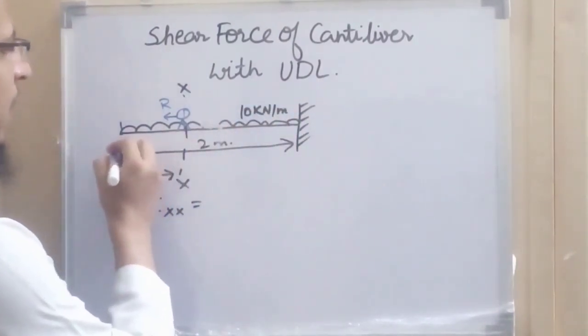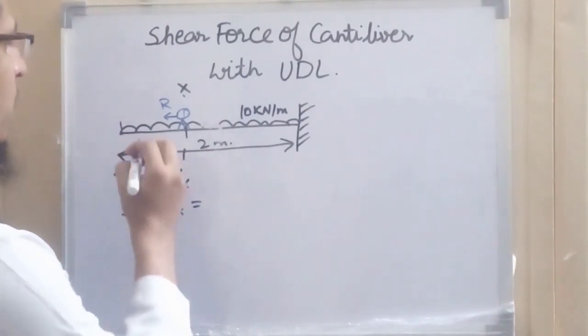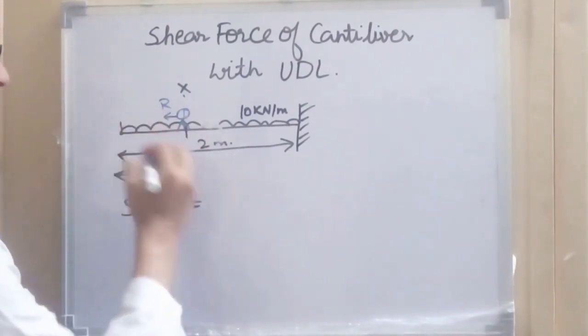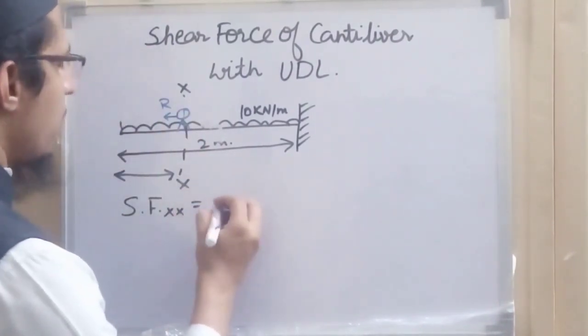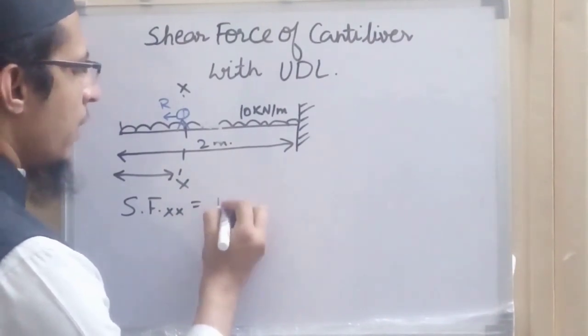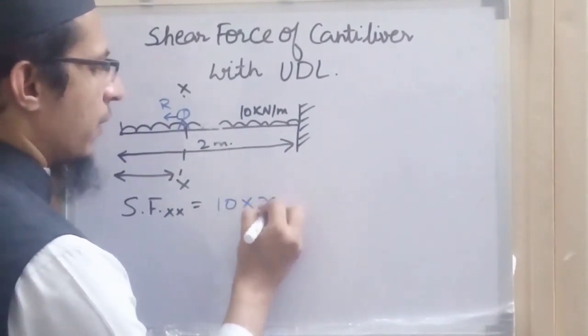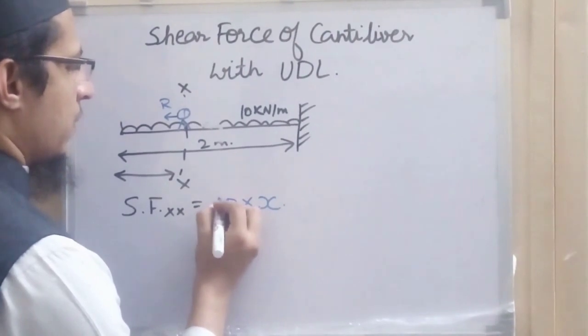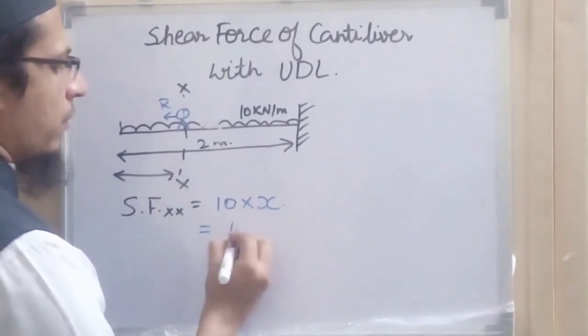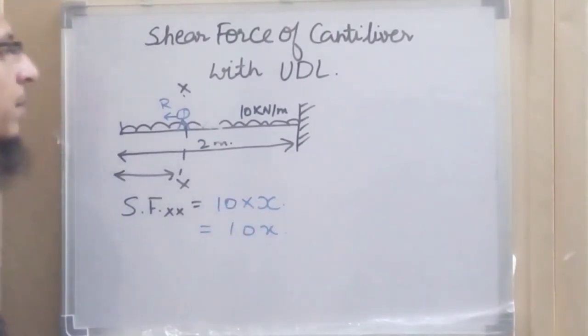So if this is the x length, then as it is uniformly distributed, the load will be 10 into x. So it is 10x.